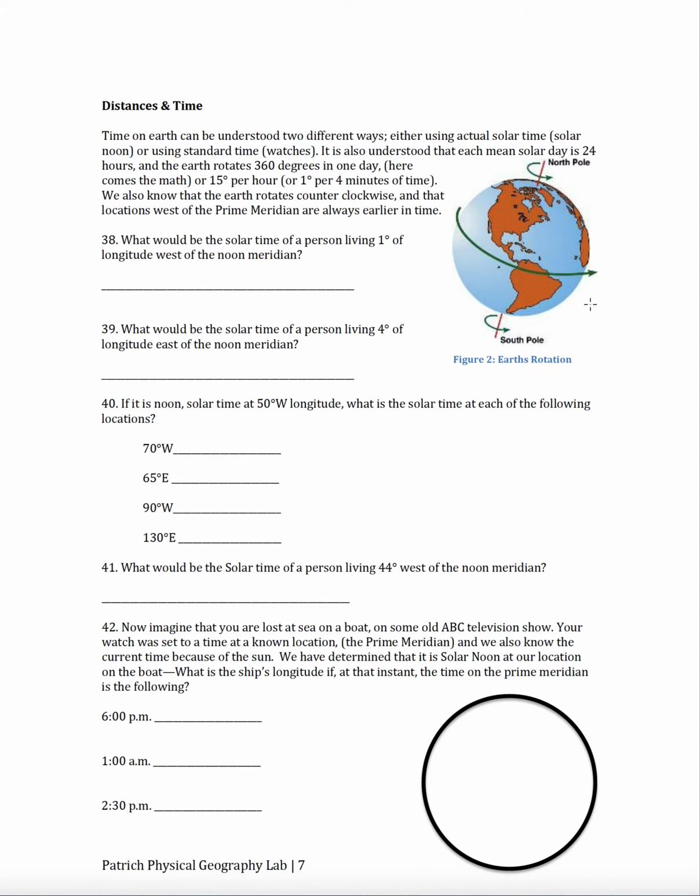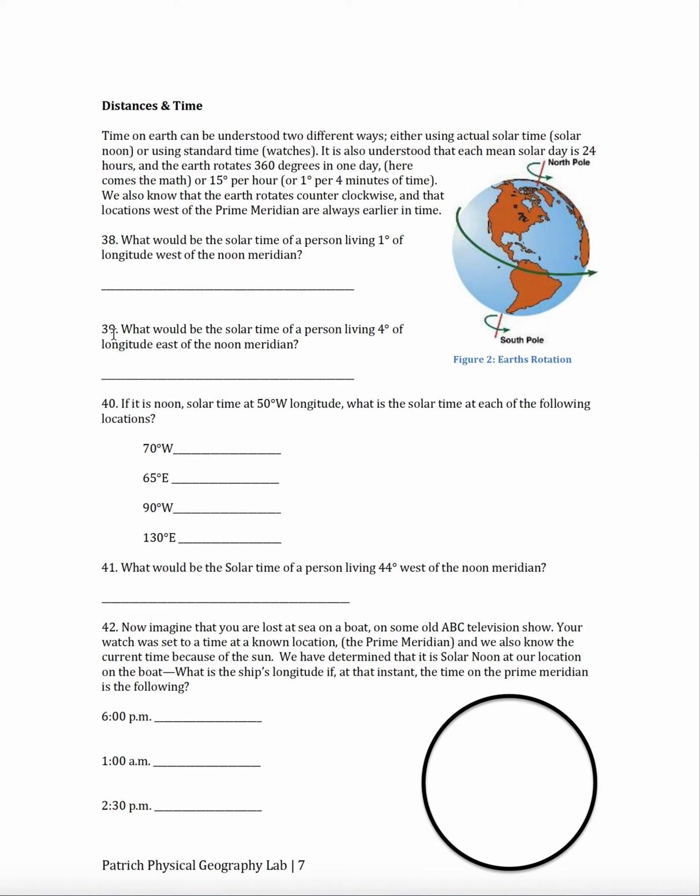So if someone lives 1 degree west of someone who is experiencing solar noon, we know that 1 degree is equal to 4 minutes of time. Therefore, it should be 4 minutes earlier because they are westward. So that means if I called someone who lived 1 degree away from me, they're technically at 11:56 a.m.